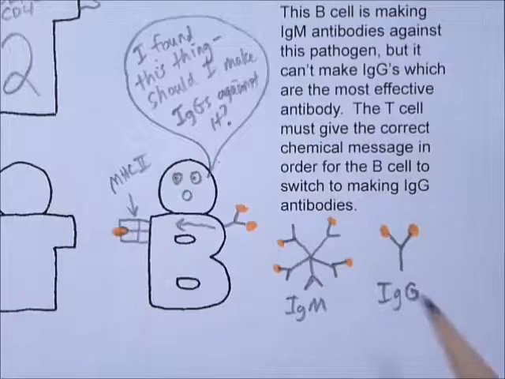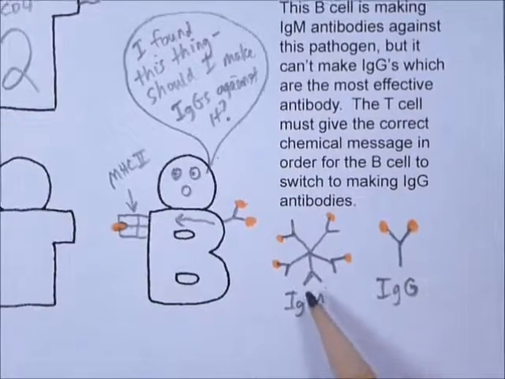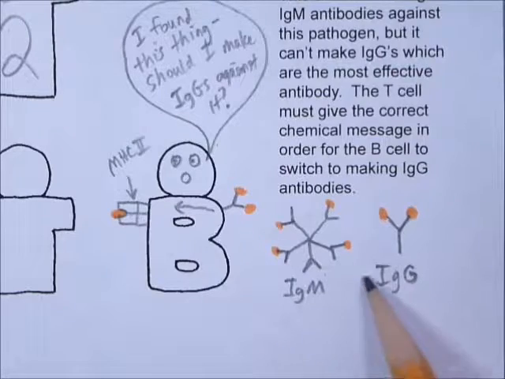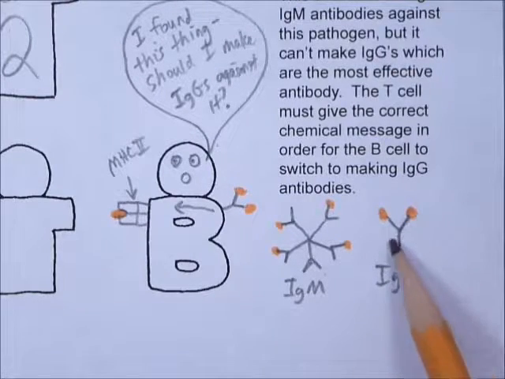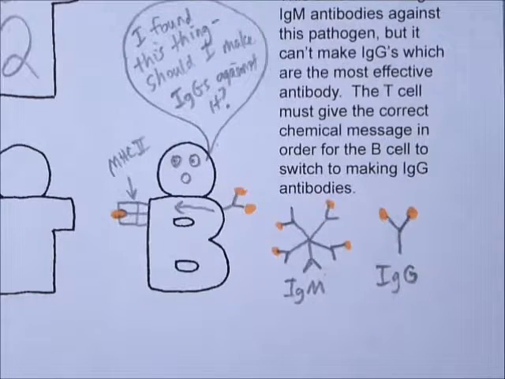But in the long run, this shape isn't so good for making a lot of. This shape is better for the long-term fight. So if you have an infection and they check your blood, they're going to test for IgMs and IgGs. If you have a whole lot of IgMs, the doctor is going to say, well, it looks like you have a very active infection.